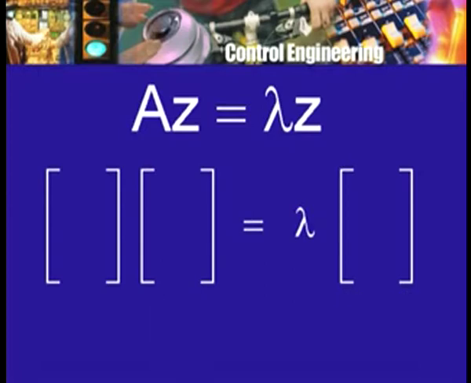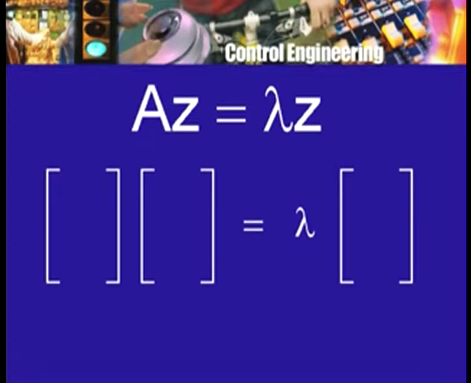On the right hand side, you have a scalar or a number multiplying a column vector, therefore, it also produces a column vector. Now, if the pair lambda, a number or scalar, to contrast with vector Z, and Z is such that Az is equal to lambda Z, that is these two turn out to be equal, then this pair is said to be an eigenvalue eigenvector pair for the matrix A.